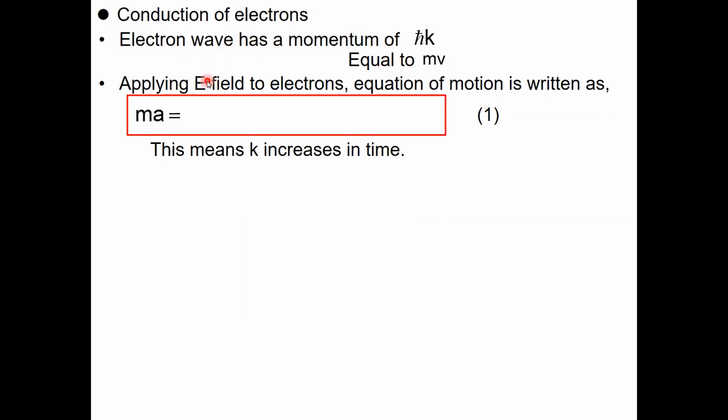So when we think about that, the electric field E is applied to electrons, and the E field induced force is applied to electrons, the equation of motion can be written like m times acceleration, m dv/dt, which is equal to h bar dk/dt.